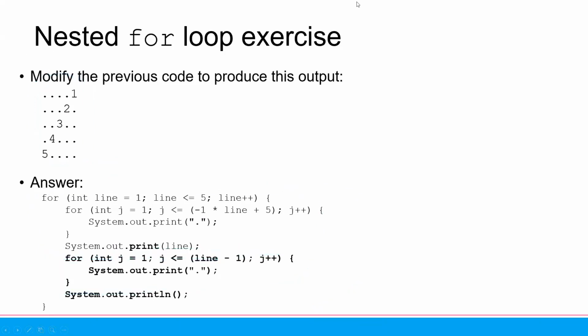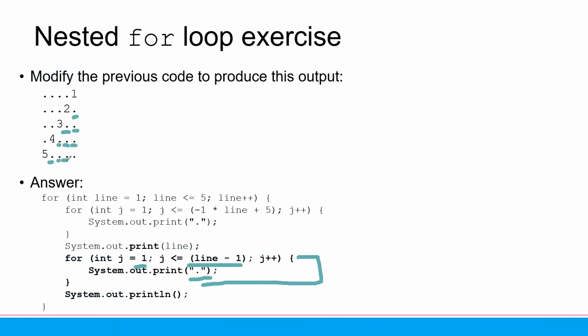What is this? We have the j, which is from 1 until line -1. And we print the dot, because the result that we want to show is the dot. The only difference is how many dots that we want to print.